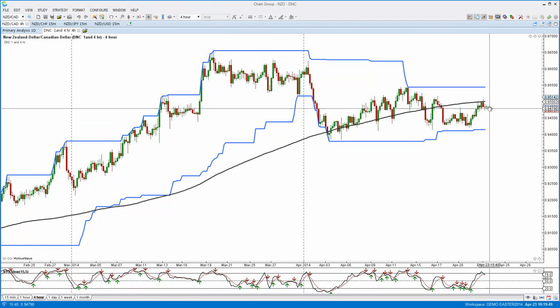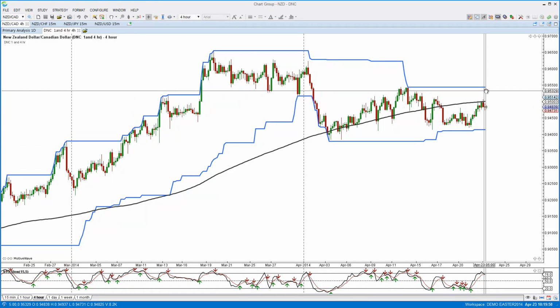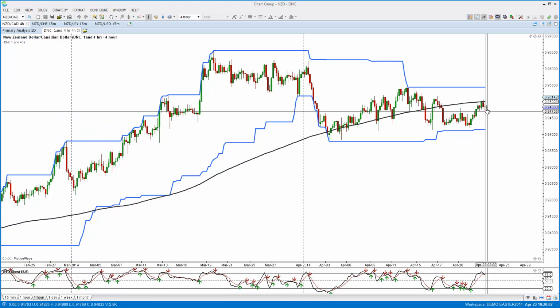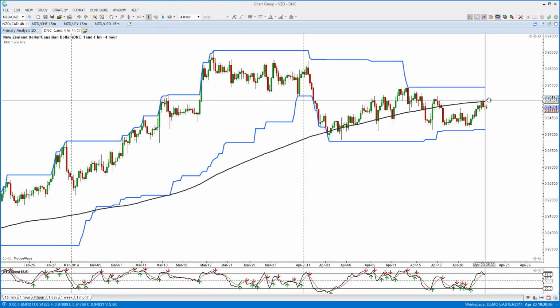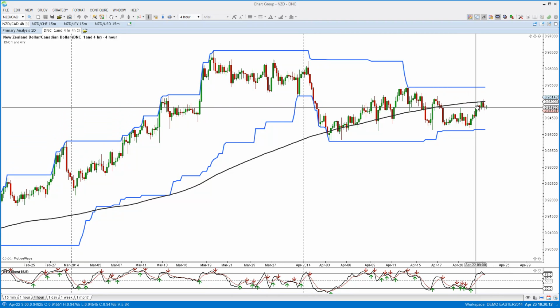We need to see price get above here and hit this top DNC and activate our trigger in. In theory, yes, right now we could enter the trade. There's nothing stopping us, but we can see this 200 period moving average, which is a line in the sand for us to enter short or long.